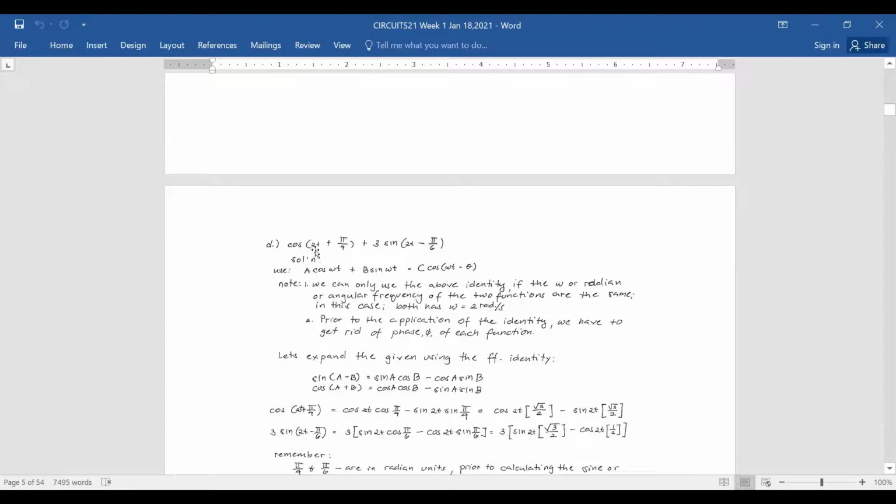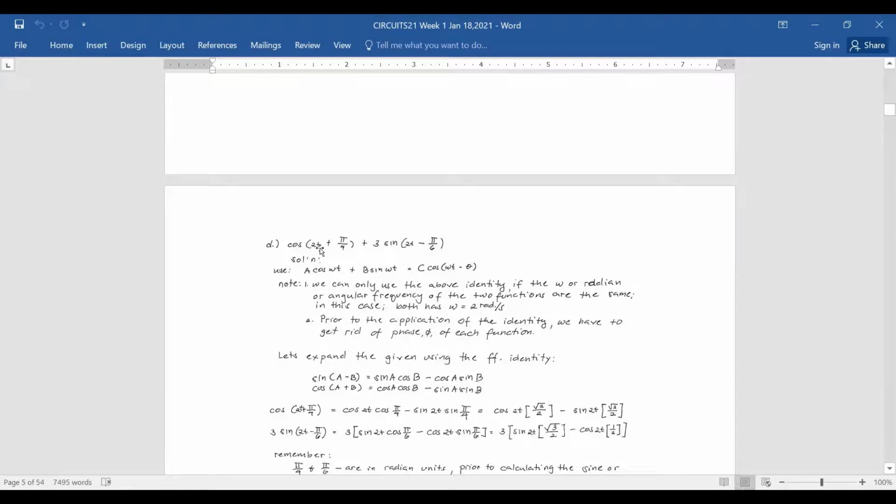What's W for cosine? 2. What's the W for our sine? 2. So meaning we have the same W here, meaning we can add these two sinusoids.